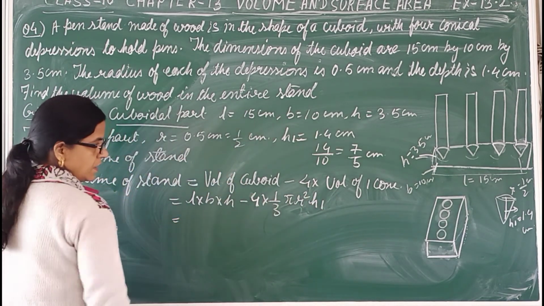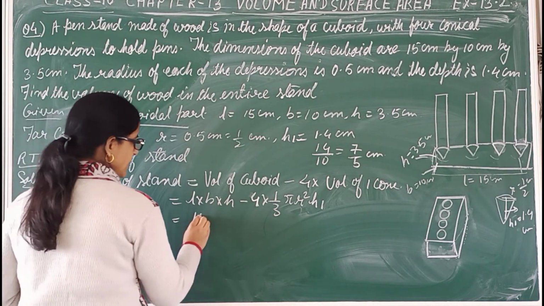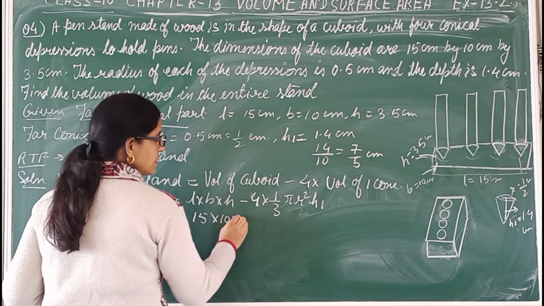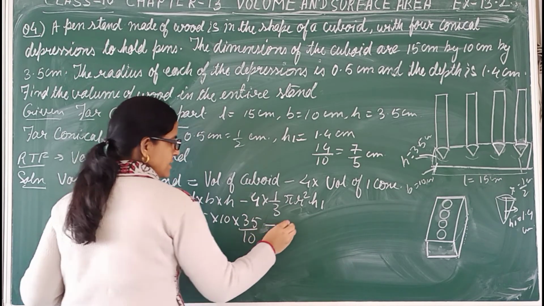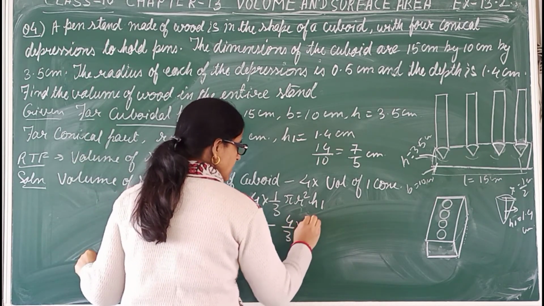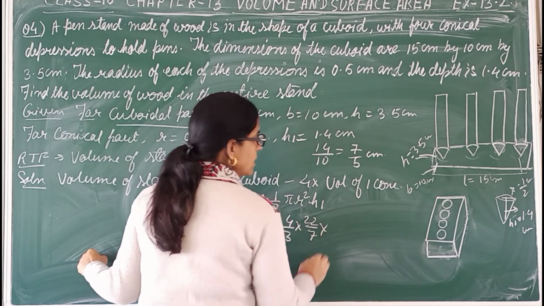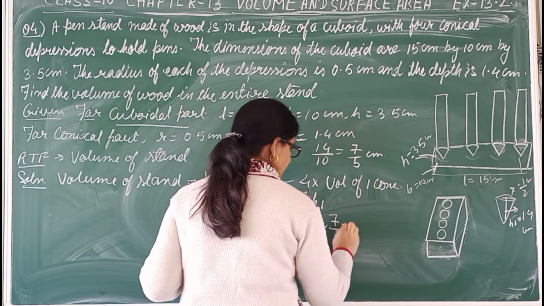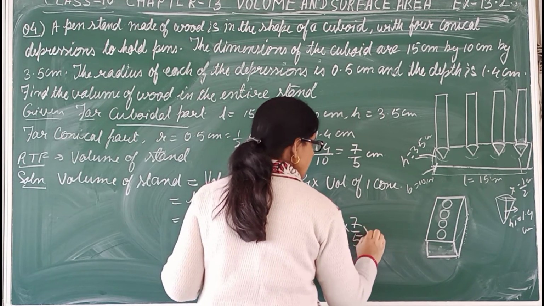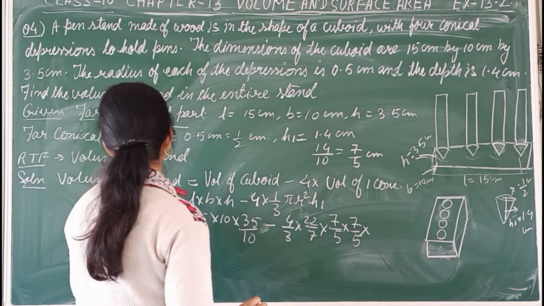So L value is 15 into 10 into 3.5, that is 35 by 10, minus 4 by 3 into 22 by 7 into r value.